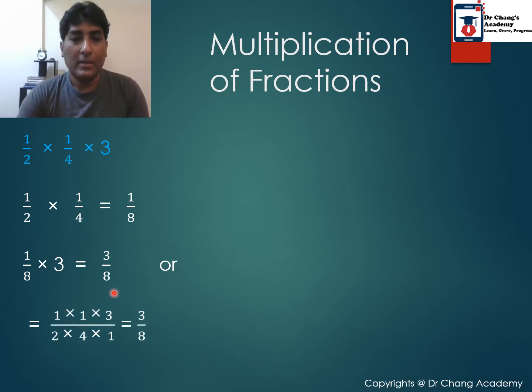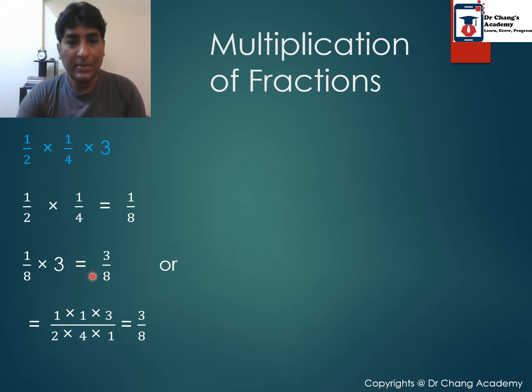We can do it together as well. All numerators 1, 1, 3 multiply together, and all denominators 2, 4, and the denominator here is 1, multiply together. 1 times 1 is 1, and 3 times 1 is equal to 3. 4 times 2 is 8, and 1 times 8 is 8.